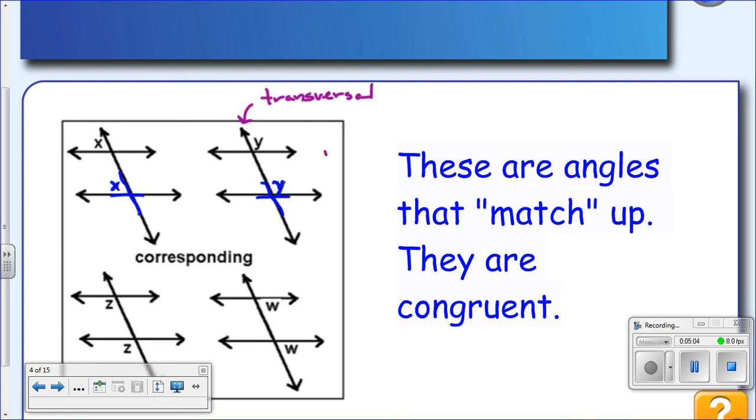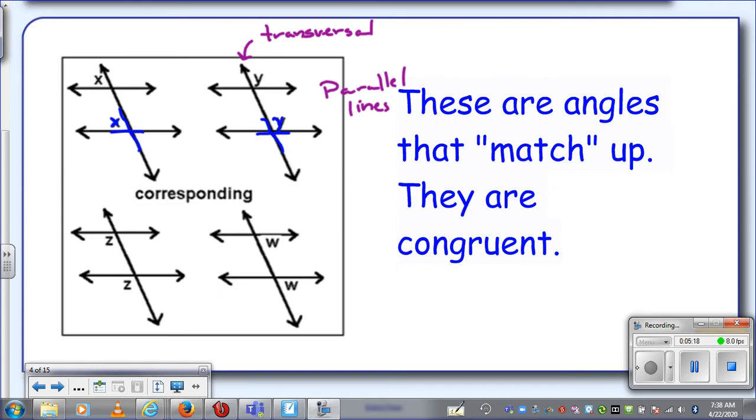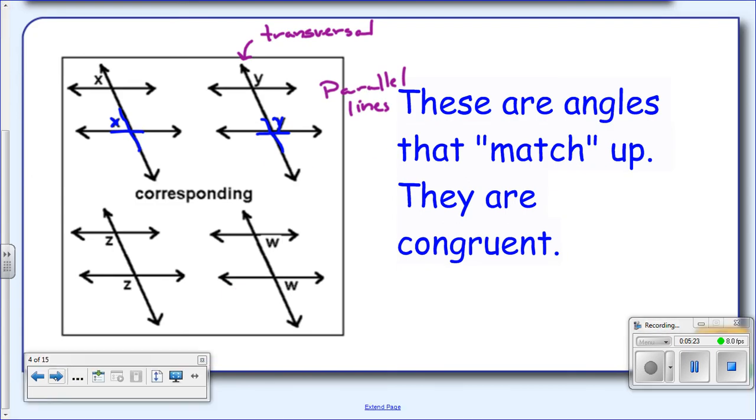And these are my two parallel lines. Okay, so you have actually 4 pair of corresponding. Okay, so that's corresponding angles that match up with each other.